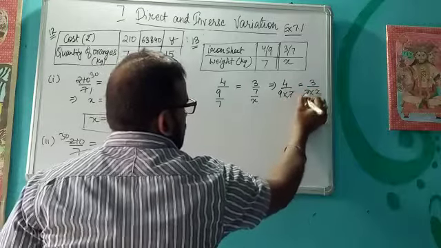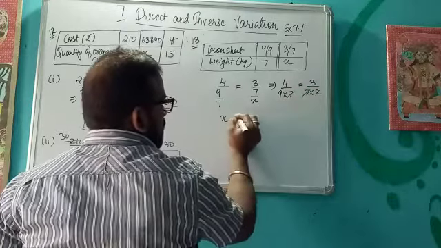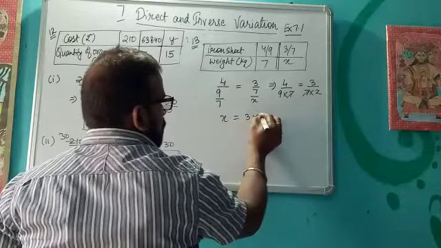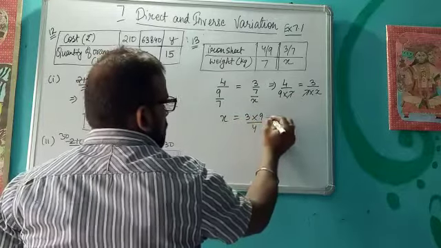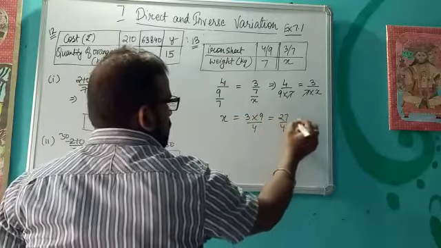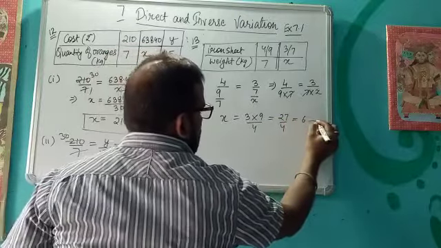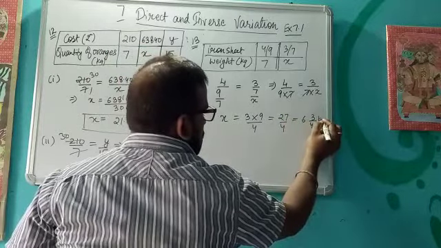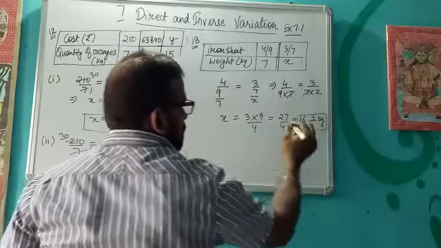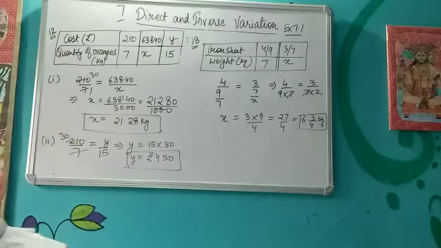So this 7 and 7 cancel. So what is my x? 3 into 9 upon 4, that is 27 upon 4, or you can write 6 whole 3 by 4 kg.